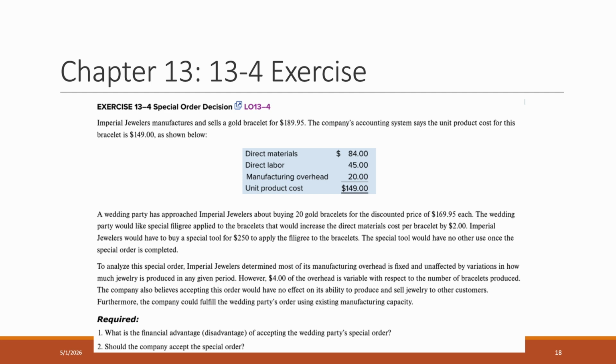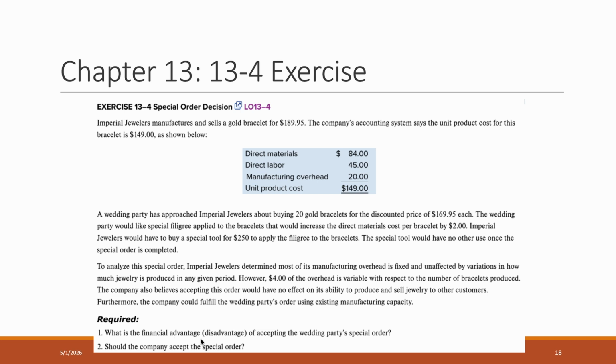So what are we required to do? We have to figure out what is the financial advantage or disadvantage of accepting the wedding party's special order, and then answer the question, should we accept the special order or not? So basically, to simplify this question, we're deciding if it's a good idea for Imperial Jewelers to go out of their way to do this special filigree request and buy this $250 special tool for these bracelets.